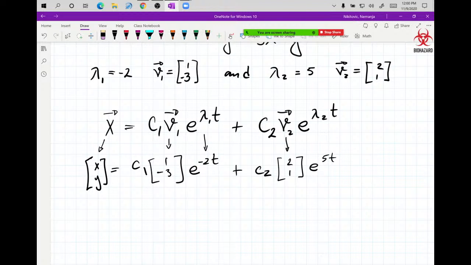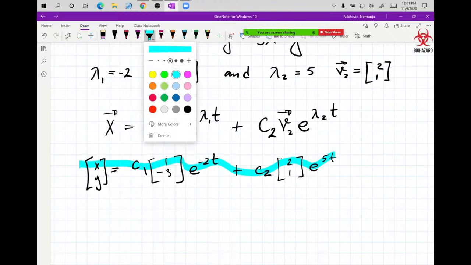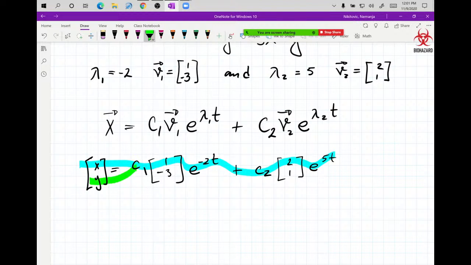So now, all I need to do is to have a row for x, and then a row for y.